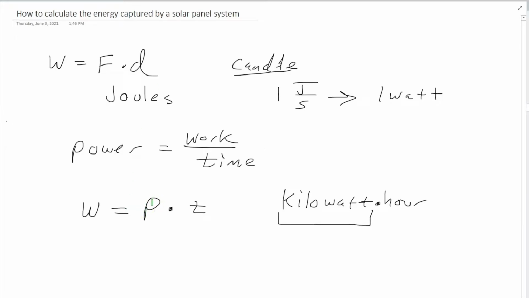Watts, kilowatts, power. And hours, well, that's just the measurement of time. So we can express energy by just a multiplication of a wattage times time.